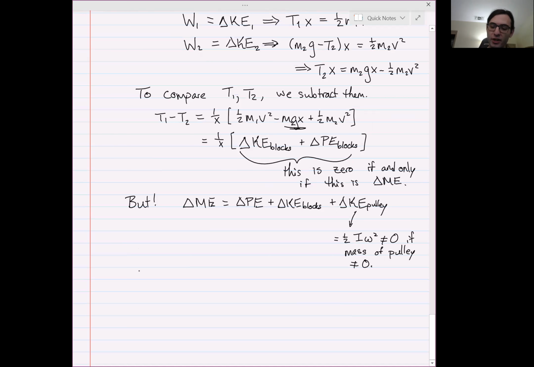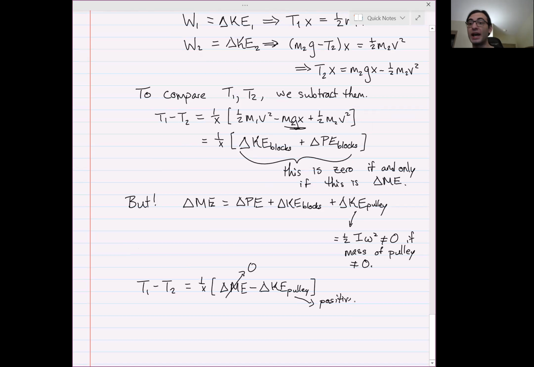So what we find is that T1 minus T2 is equal to 1 divided by x times the change in mechanical energy, which we know is 0, minus the change in the pulley's kinetic energy. So this is 0. In particular, the change in the pulley's kinetic energy is positive because it started off at rest and ended up rotating. And so the final kinetic energy for the pulley was larger than the initial kinetic energy.